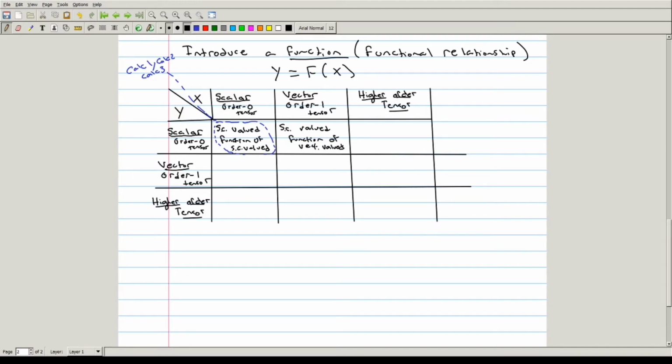So for instance, like the temperature function, the scalar fields that I introduced before. This is typically talked about in Calc 4 at WPI, or any multivariable calculus course.